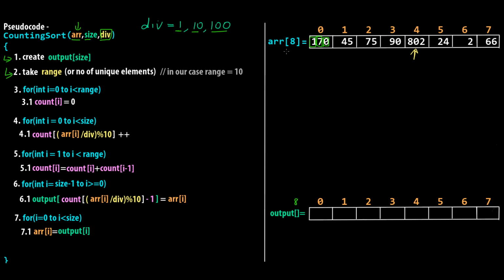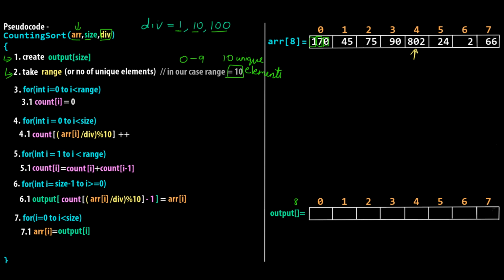So ultimately the range of unique numbers is always gonna lie between 0 to 9, which means we only have 10 unique elements or numbers, right? So that's why the range in our case is always going to be 10, because in a decimal number system, 0 to 9 are the values that are single digit numbers. We don't go outside that range. So that's why range in our case is 10.